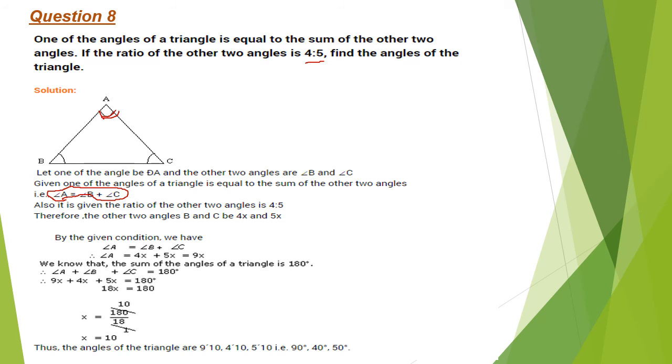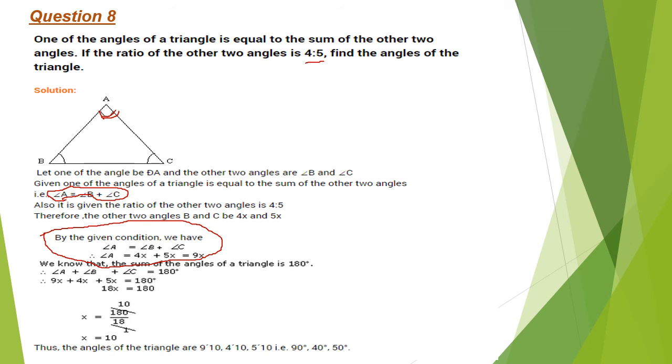By the given condition, angle A equals angle B plus angle C. If angle B is 4x and angle C is 5x, then angle A is 4x plus 5x, 9x. See here, this is the part that you want to observe carefully.